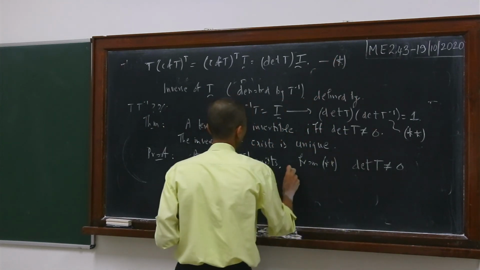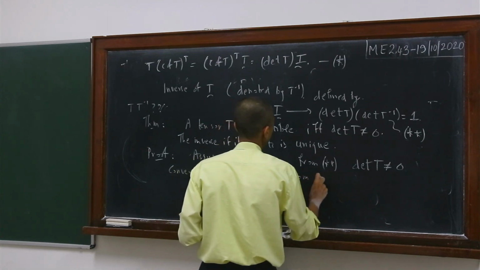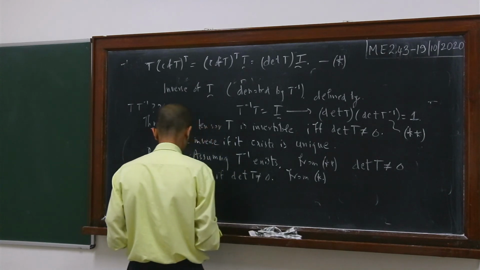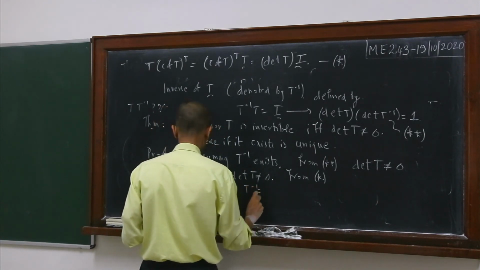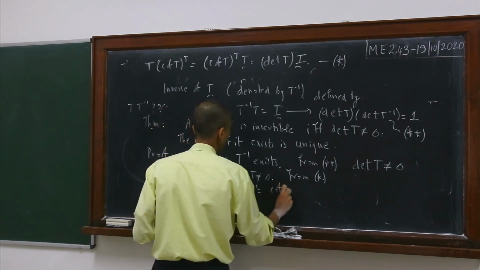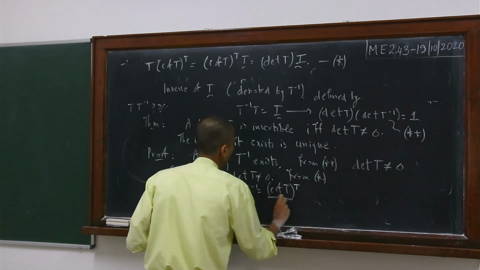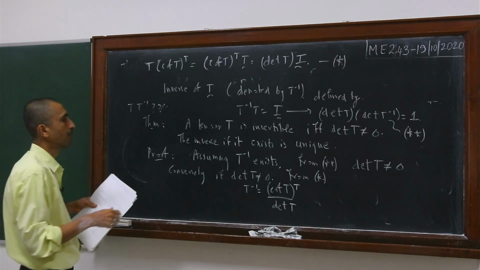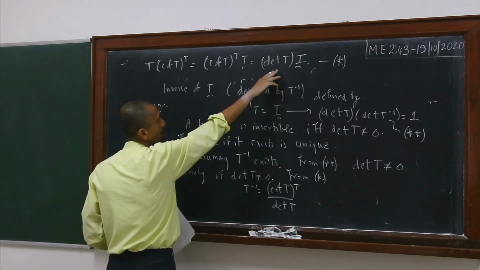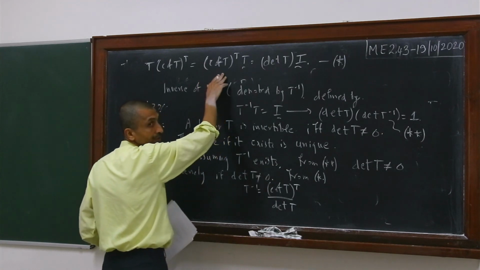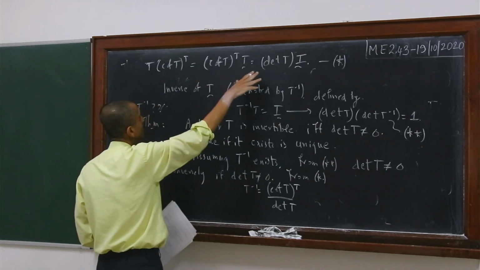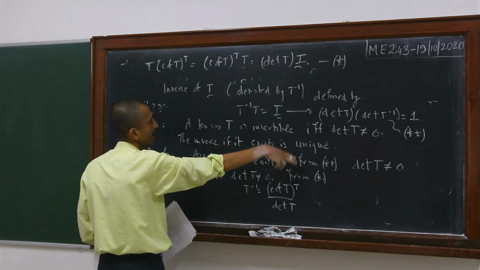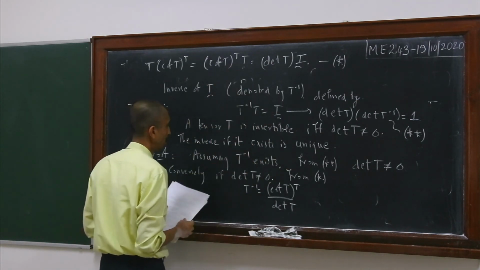Then from star, you will see that T inverse is equal to cofactor T transpose divided by the determinant of T. Because the determinant of T is not equal to 0, I am allowed a division by the determinant of T. So divide this relation by the determinant of T, and then T inverse T is identity. So hence you will get this particular relation here.